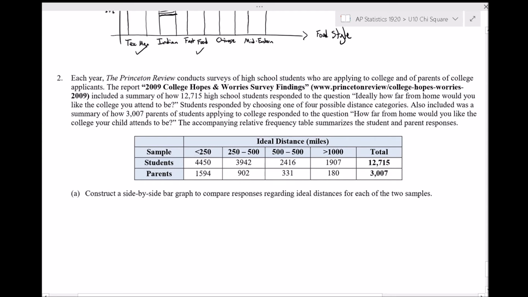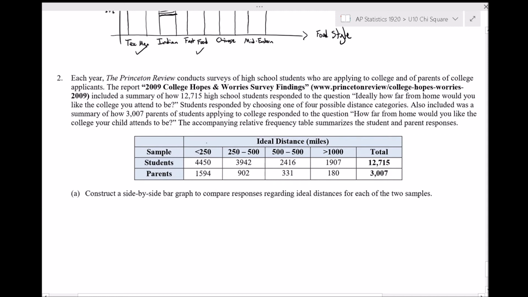Actually, no, different question. A slightly different question, so it's related. How far from home would you like the college that your child attends to be? So the accompanying relative frequency table summarizes the student and parent responses. So 2 variables. The first variable is the sample from which this is taken. So these are 2 populations, students versus parents. And then we have the other variable, which is the ideal distance, their chosen ideal distance.